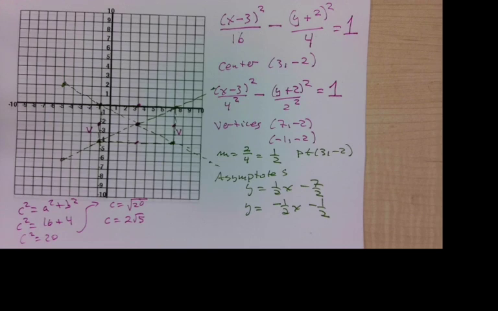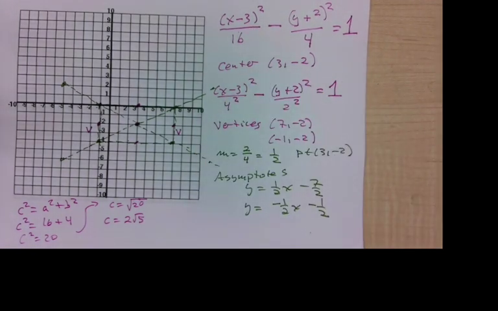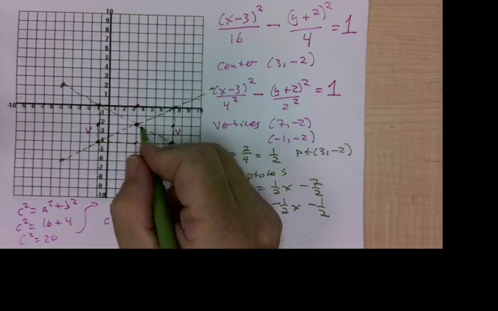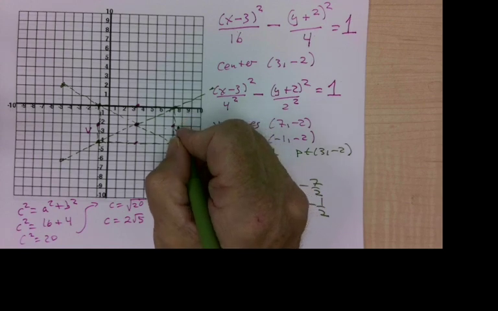Well, square root of 20 is somewhere between 4 and 5. So we've got to go 4 units away from the center in the horizontal direction, since that's our transverse axis. So somewhere between 4 and 5 units away from the center, 1, 2, 3, 4, and a little bit more.